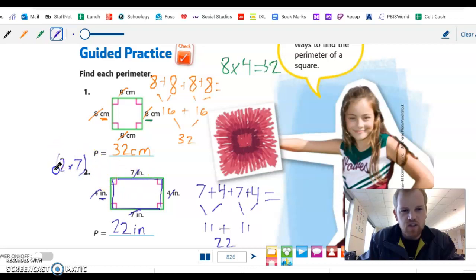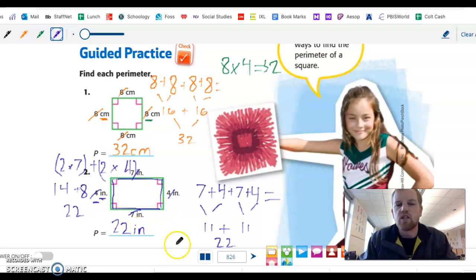Okay, that would be in parentheses because I'm going to do that first, plus 2 times 4 here, which was my width. All right, when I solve this out now, I get 2 times 7 equals 14, plus 2 times 4 is 8, and when I add 14 and 8, I also will end up with 22. So that's another way to solve this.